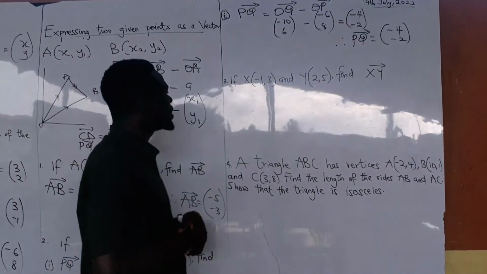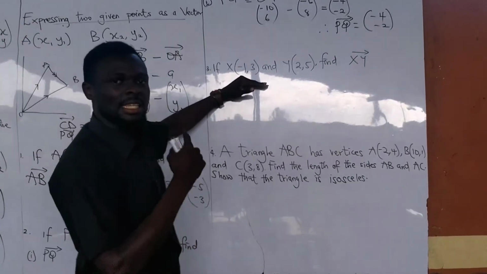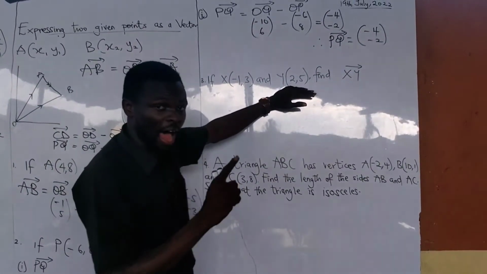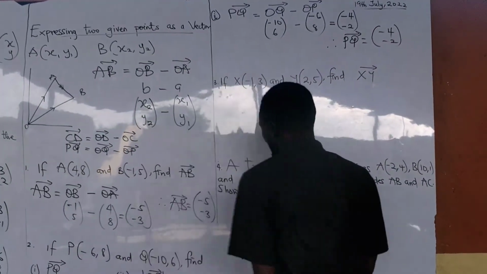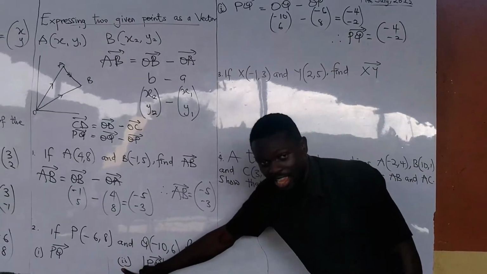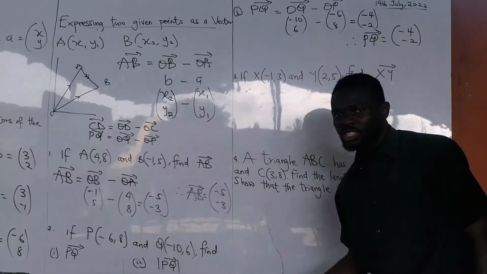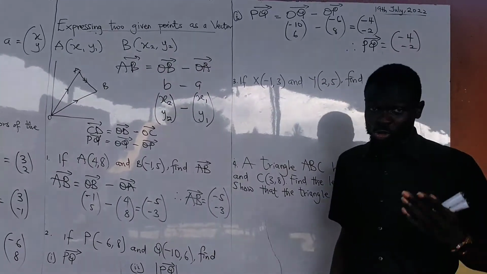The last but one on this, if the point X is negative 1, 3, and the point Y is 2, 5, find XY. But if you look at this carefully, we have part II here, which says you should find the length or the magnitude. I will throw that as a challenge for you to solve.